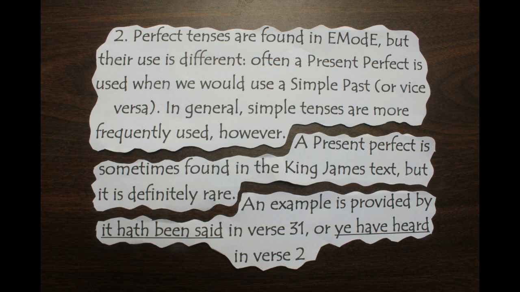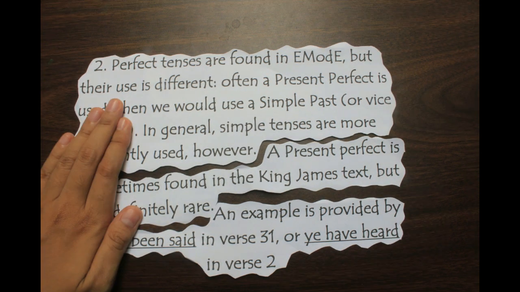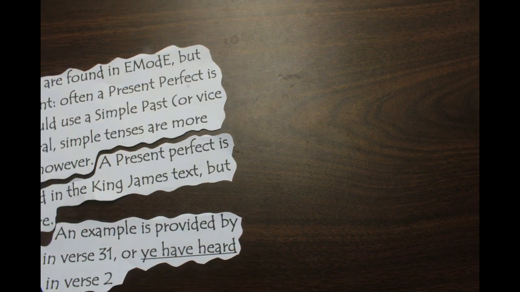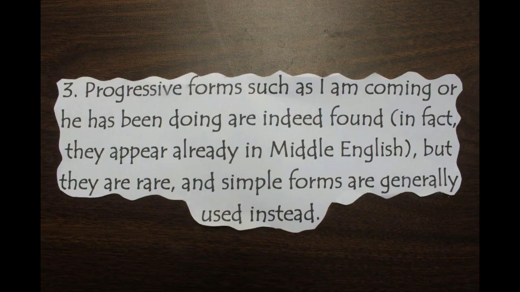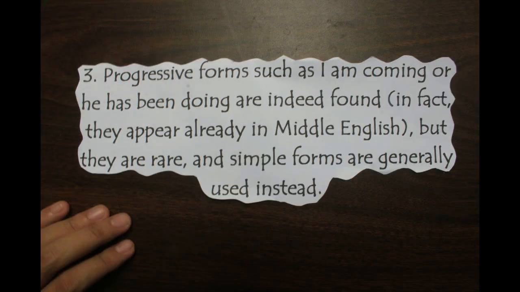The second difference is perfect tenses are found in early modern English, but their use is different. Often a present perfect is used when we would use a simple past. The third difference is progressive forms such as I am coming or I have been doing are indeed found. In fact, they appear already in Middle English, but they are rare, and the simple forms are generally used instead.